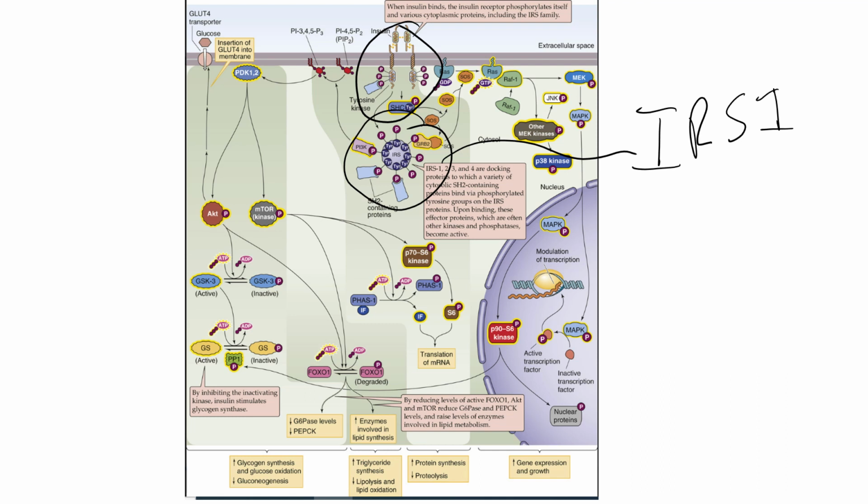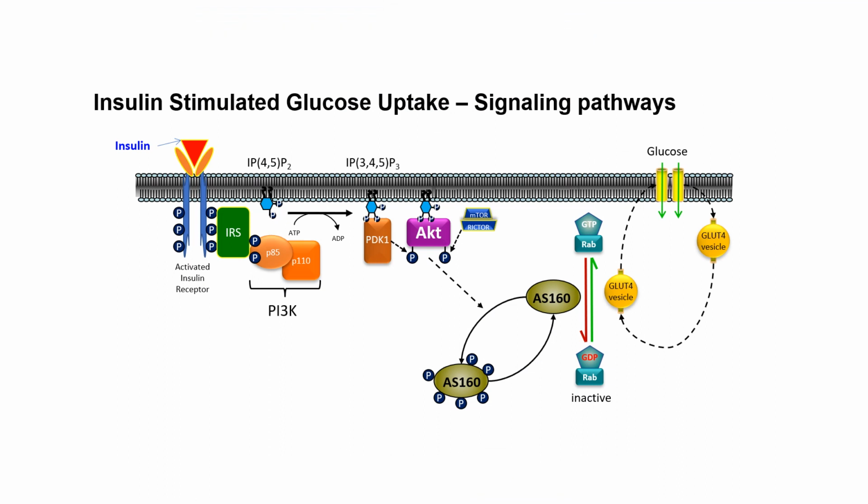it. Okay. IRS1, insulin receptor substrate 1, has these tyrosine residues located on it. So it can get phosphorylated by the tyrosine kinase domain located on the insulin receptor, and that's exactly what happens. Okay. Let's look at that more closely. Here's a simplified but helpful image.